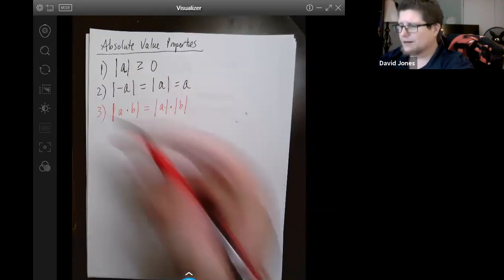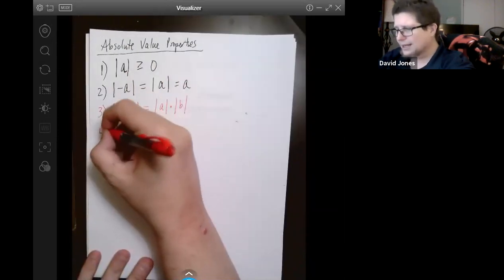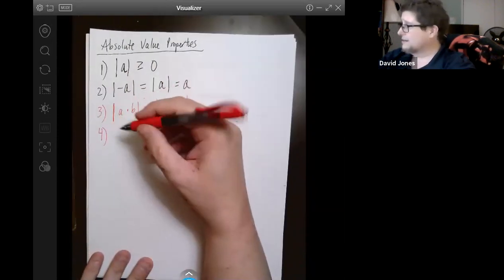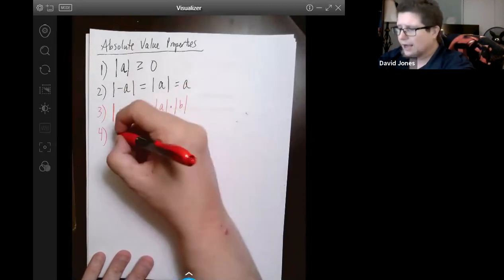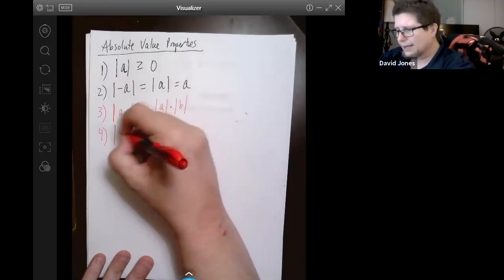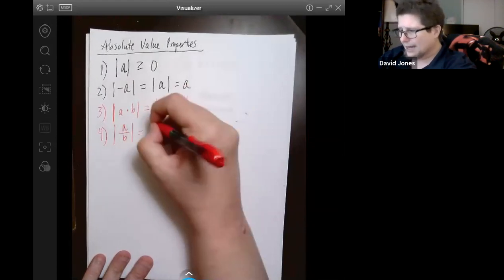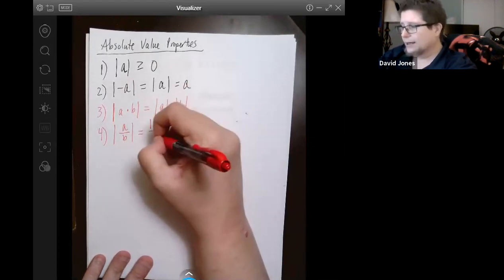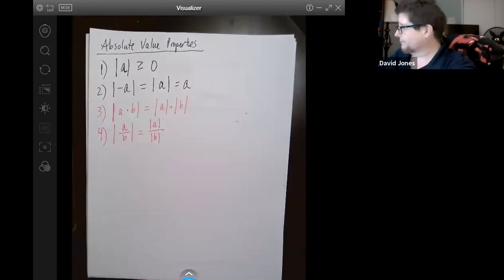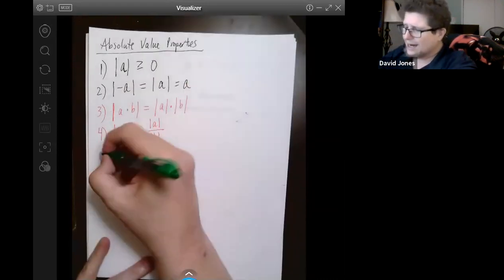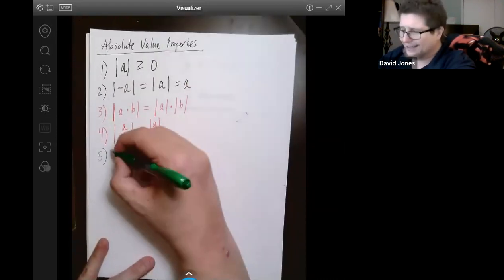And since division is like multiplication by the reciprocal, I can do the absolute value of A over B is equal to the absolute value of A over the absolute value of B. A rule that does not really come up all that often.